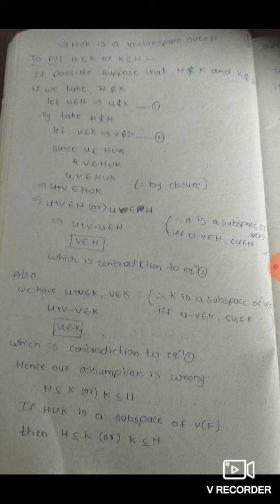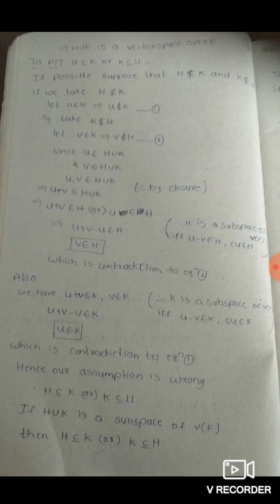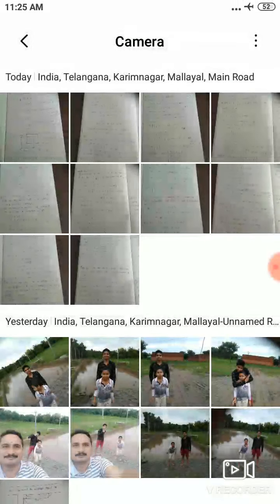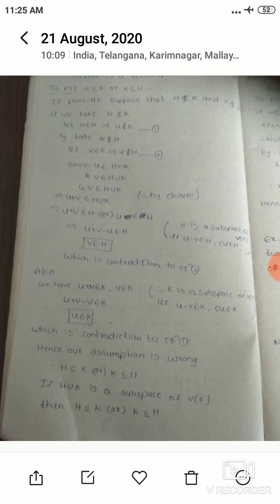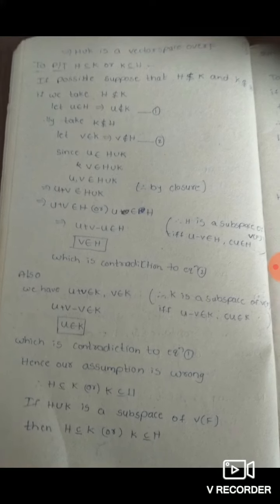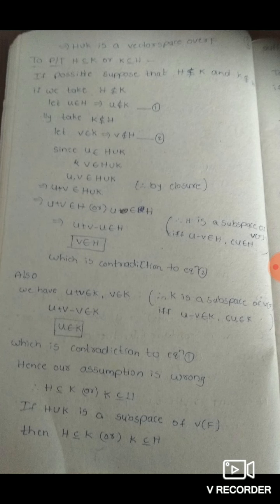This also contradicts equation 1, which says u does not belong to k, but in this place u belongs to k. Hence our assumption is wrong. That h is not a subset of or equal to k and k is not a subset of or equal to h is wrong.